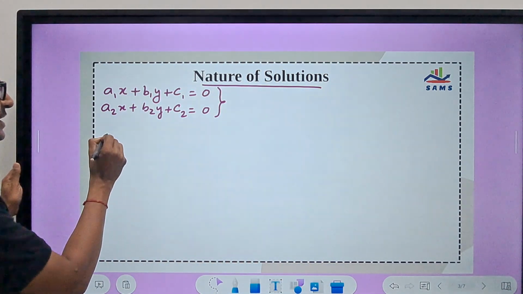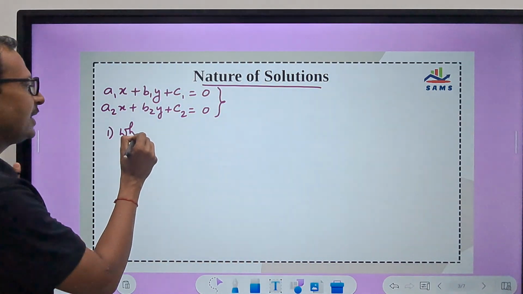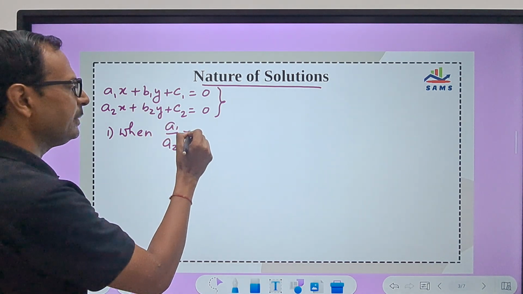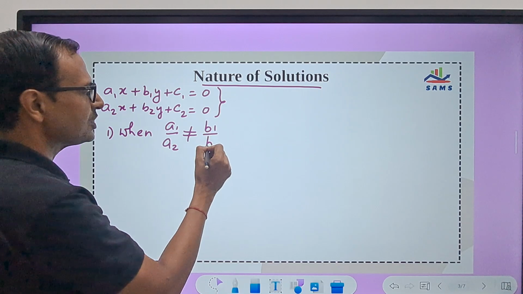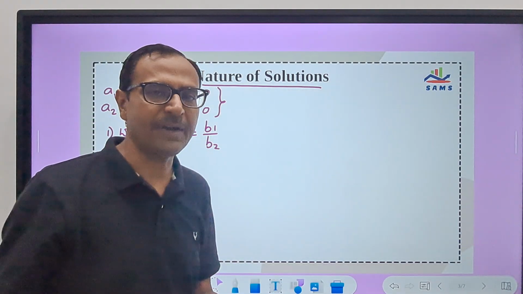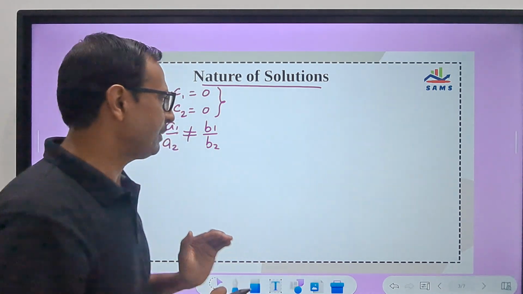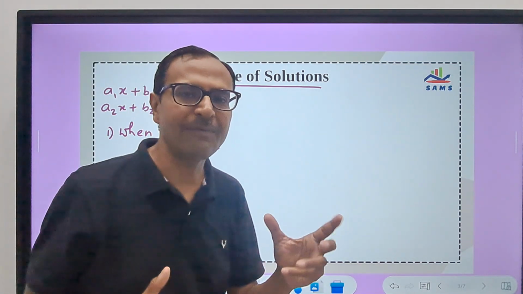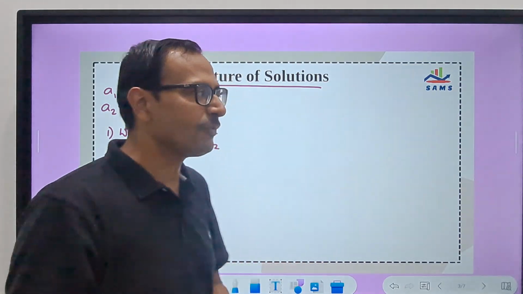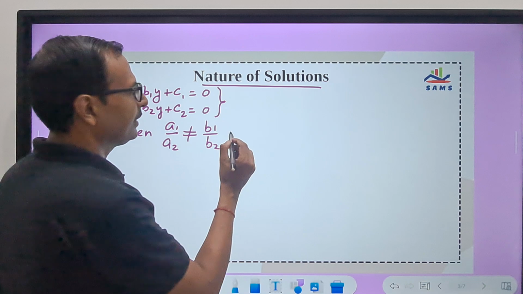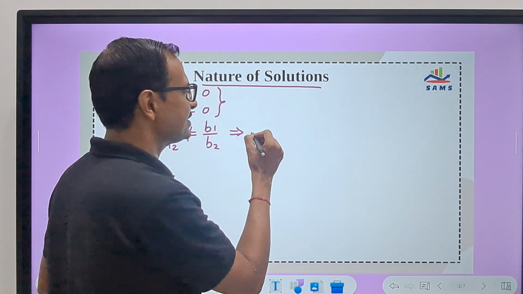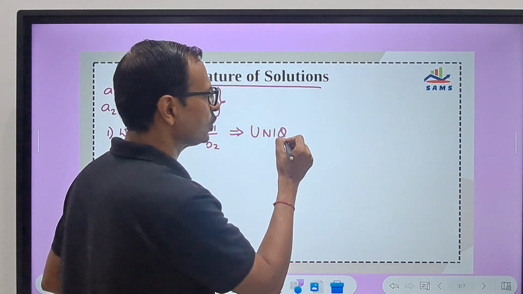The first case is when a1 upon a2 is not equal to b1 upon b2. So when you take the ratio of a1 a2 and b1 b2, these two ratios are different, not the same. They may differ in sign also, like one can be 1 by 2 and the other can be minus 1 by 2. Still they are different, right? So when they are unequal, that means this pair of linear equations will always have a unique solution.